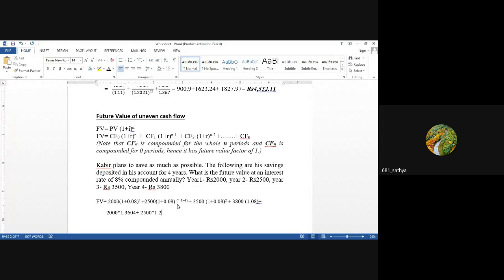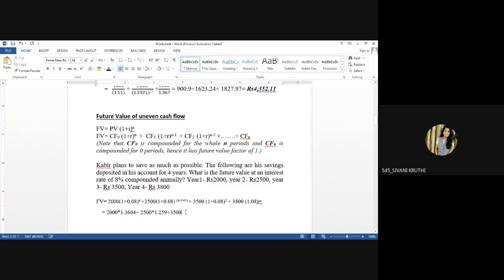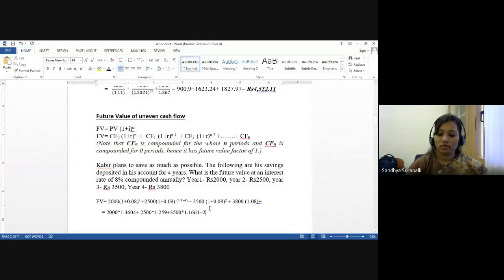Then square it. 1.1664. And 3,800 multiplied with 1.08.